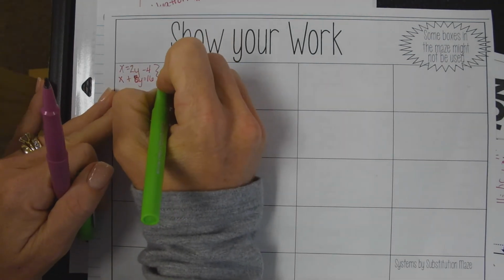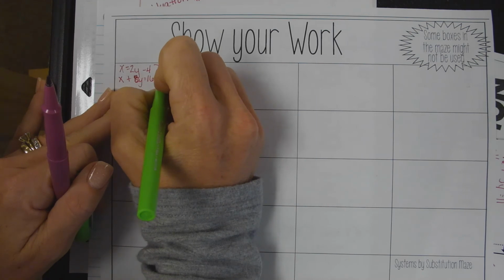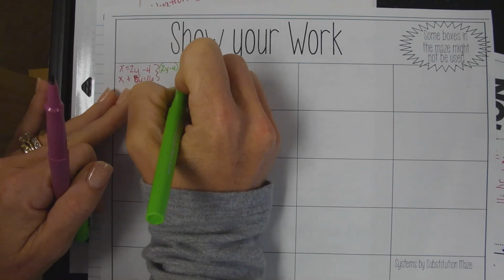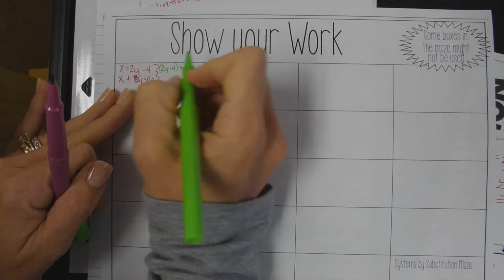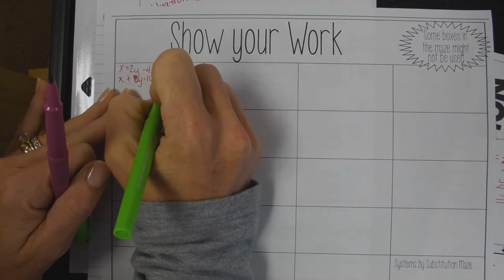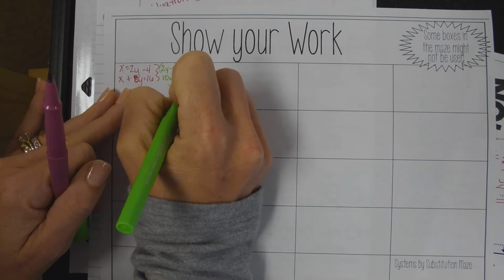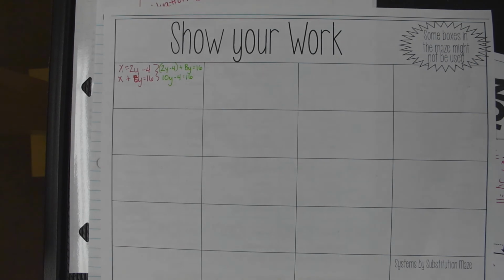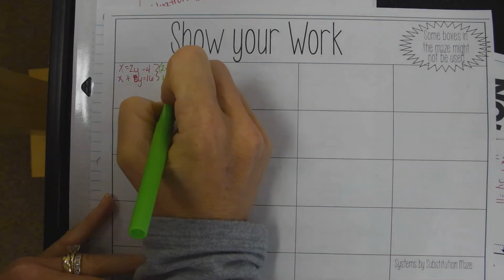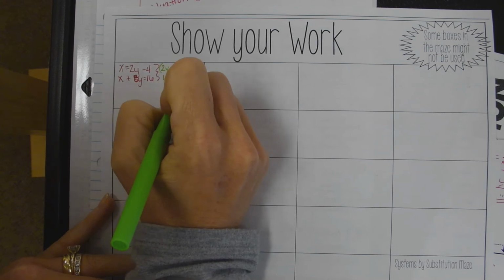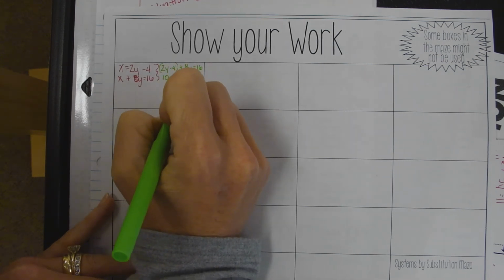So I have 2y minus 4 plus 8y equals 16. I have 10 y's. Where did I get the 10? 2y and 8y. Add 4. 10y equals 20. Y is equal to 2.